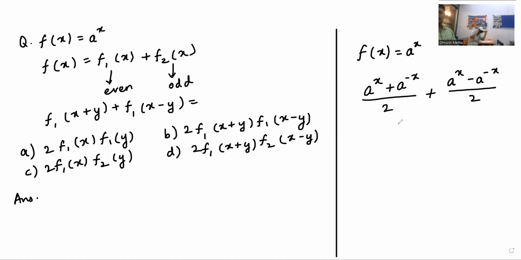If I add these two, what will we get? We'll get 2 a raised to x upon 2, which is equal to a raised to x. So this function, if you check, is an even function, and this function is an odd function.